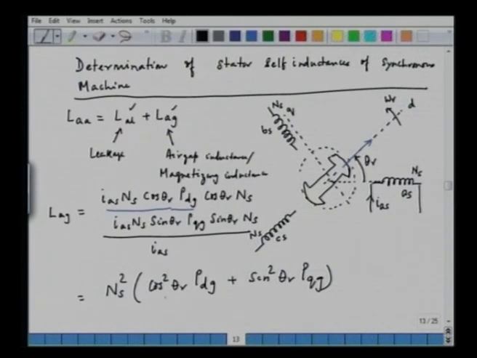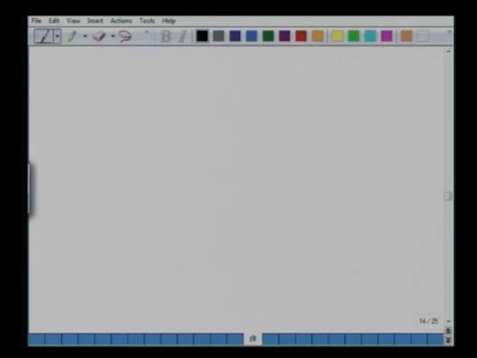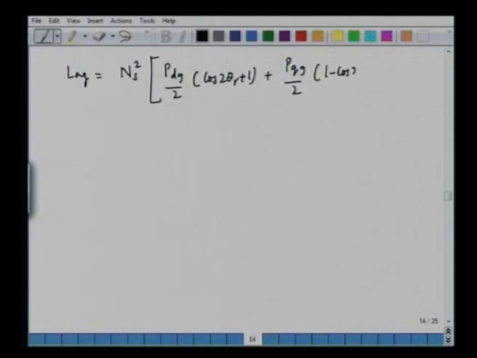We can convert this into cos 2 theta r, and then we can simplify like this. LAG equal to NS square into P dg by 2 into cos 2 theta r plus 1, plus P qg by 2 into 1 minus cos 2 theta r, and that we can simplify again.